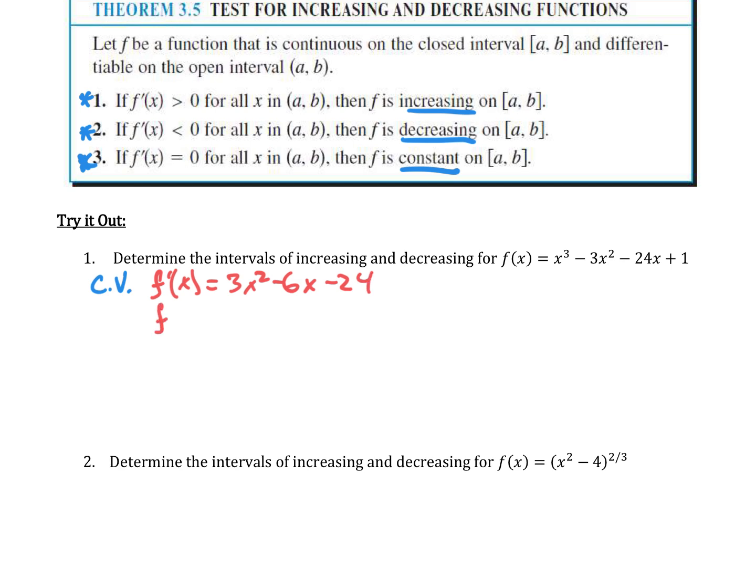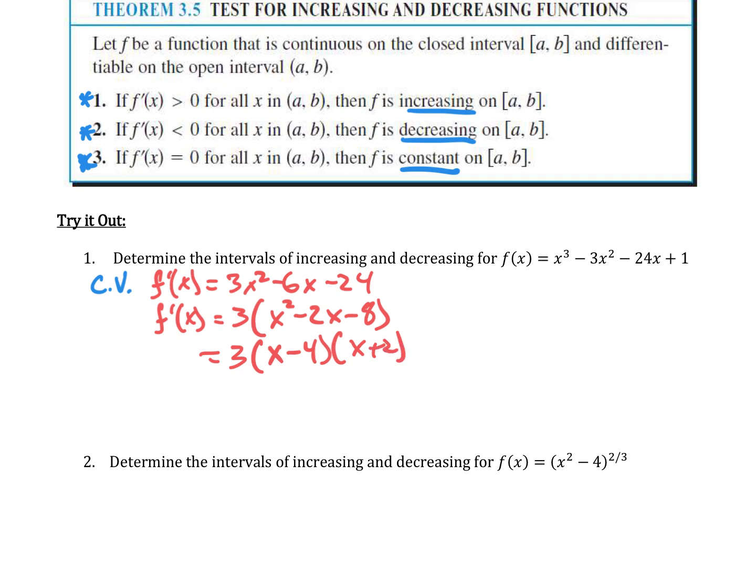And I think we can factor that. We can factor out a 3, leaving x squared minus 2x minus 8. And we can factor that into two numbers that add to negative 2 and multiply to negative 8. I think that's going to be x minus 4 and x plus 2.